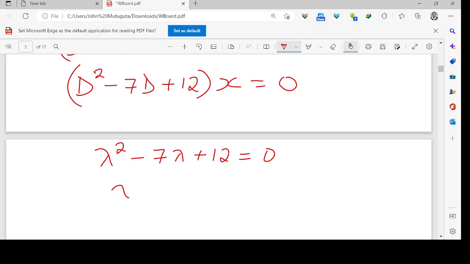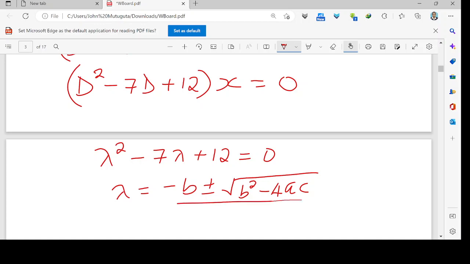So that lambda becomes, we use the quadratic formula, minus b plus or minus the square root of b squared minus 4ac divided by 2. And notice that here a is equal to 1, b is negative 7, and c is 12.